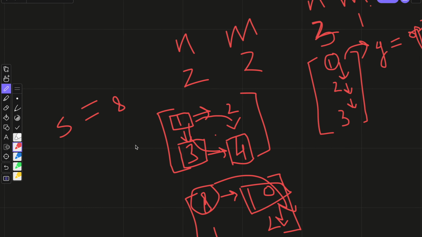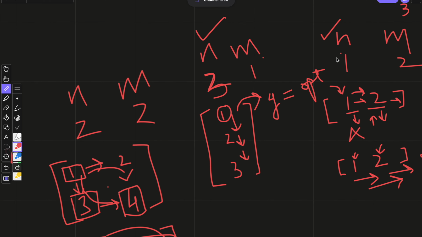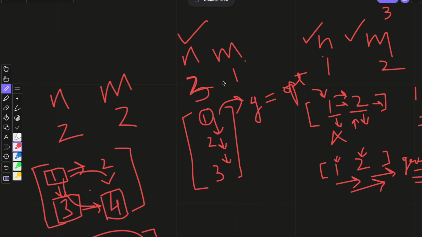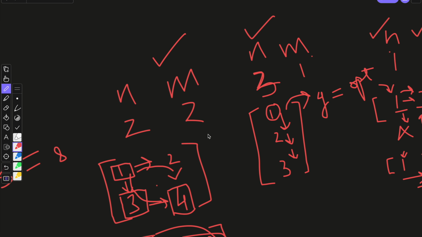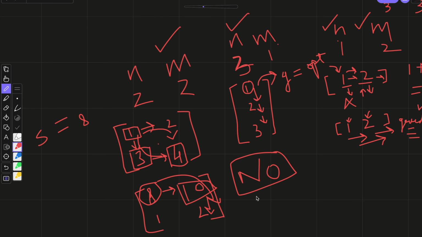So we can see that in this case, the answer would be no, because the optimal and the greedy path would be the same here, so the maximum sum would be the same.